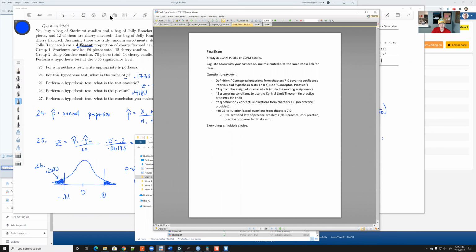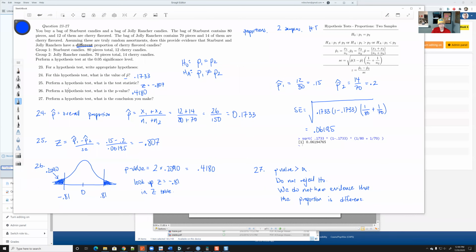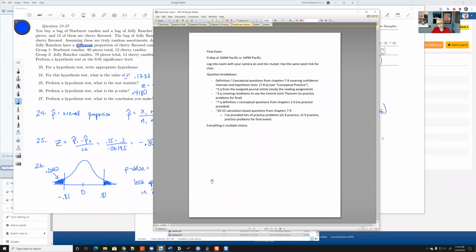And these 20 to 25 calculation-based questions will be similar in nature to these types of setups where I describe something and then I have maybe about 4 questions related to that scenario. Okay, and then review the other stuff for the conceptual questions.